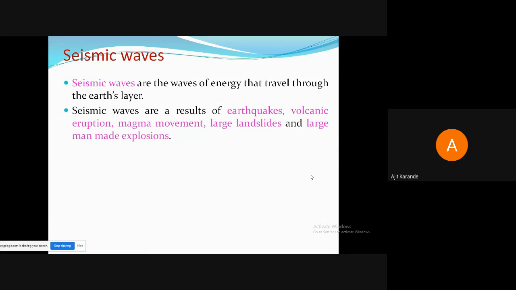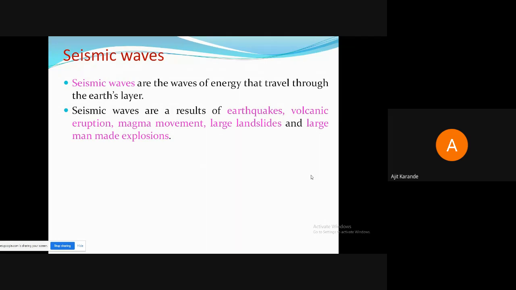Now, why are the seismic waves created? These are some reasons. First reason is the occurrence of earthquakes. It will definitely form some seismic waves. Then volcanic eruptions, then magma movements in an upward direction. The next one is large landslides, and the last one is large man-made explosions.